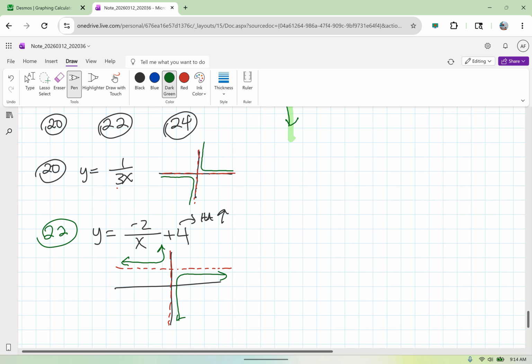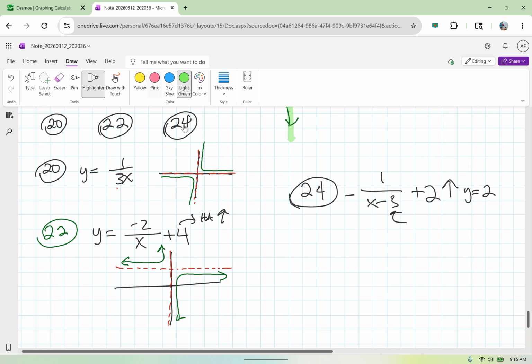All right, last problem, 24. This guy's got all the transformations going on. We have a minus 1 over x minus 3 plus 2. The 2 is going to translate the entire graph up 2 at y equals 2. The 3, all right, watch what's happening here. If you ignore the negative, then this would be a translation right 3.